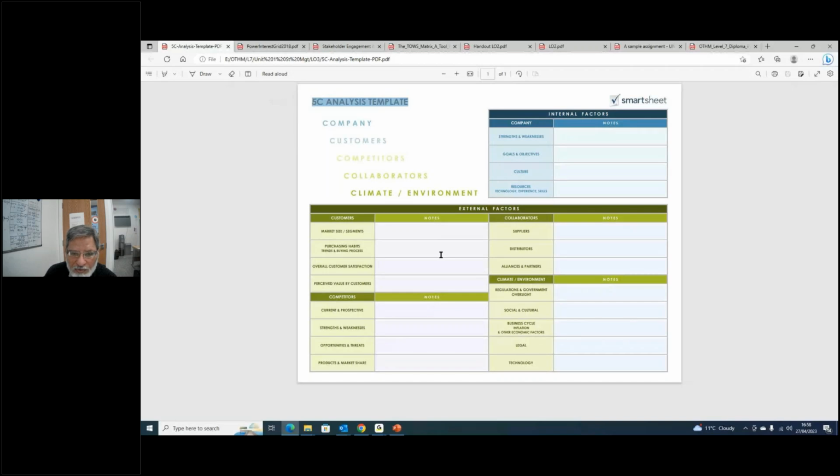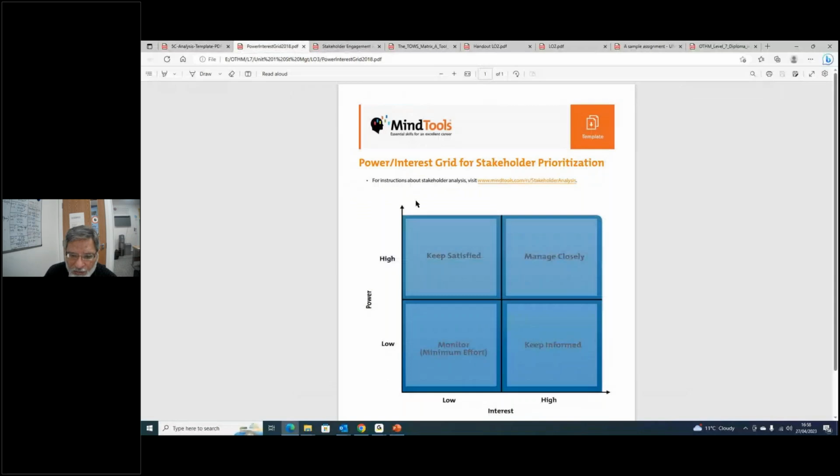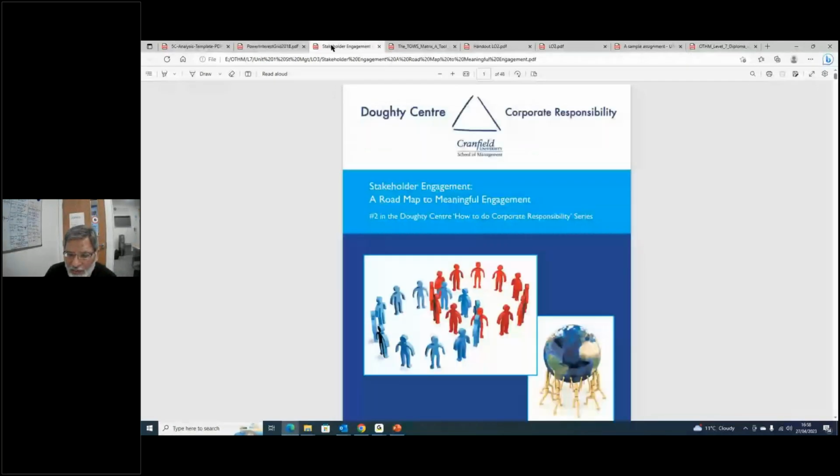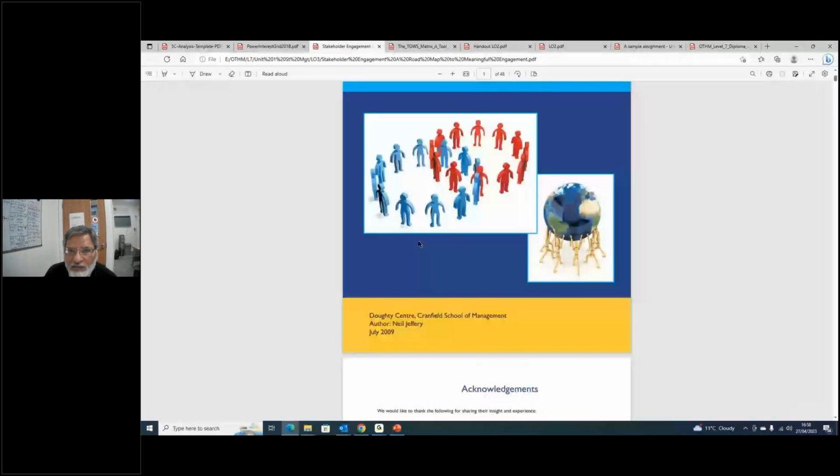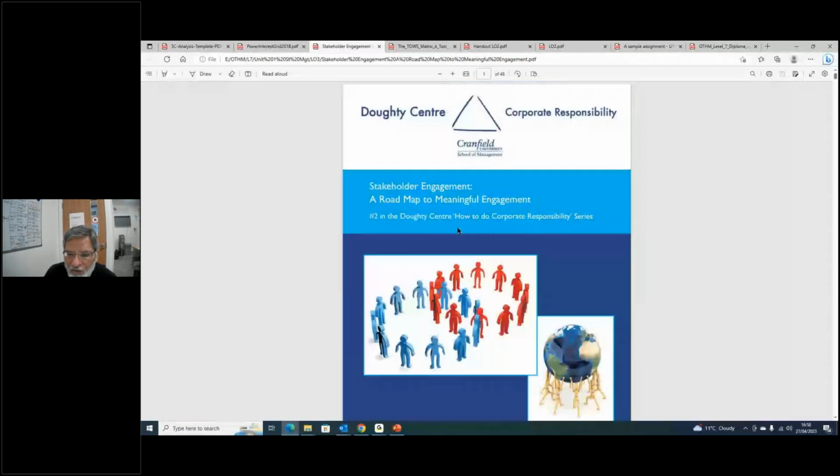You can download this stakeholders model, the one we talked about, Mendelow. You can look at stakeholder engagement, how they are engaging with the organization. And this is a 50-page read or so, and you can see how they affect the organizations and what the influence is. Okay.